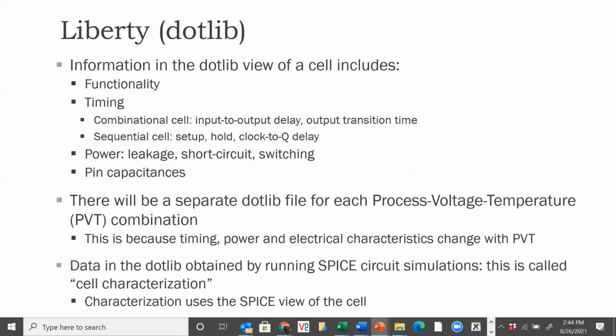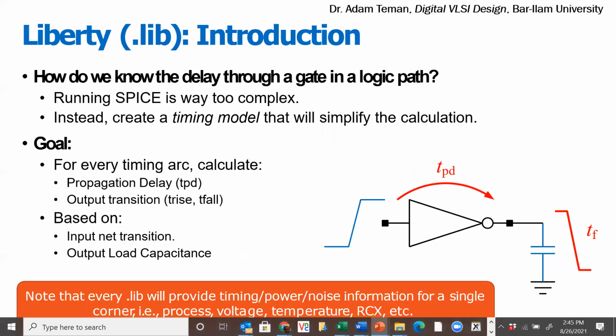Okay, so let's get back to where we were last time. Last time I was going through the Liberty model of a standard cell, and as I said, I'll go into a little bit more detail this time, and then we will move on to the other files that are used to describe standard cells.